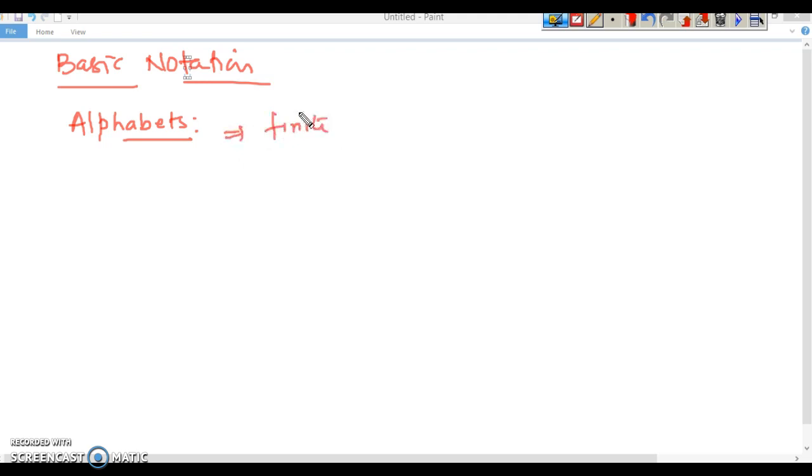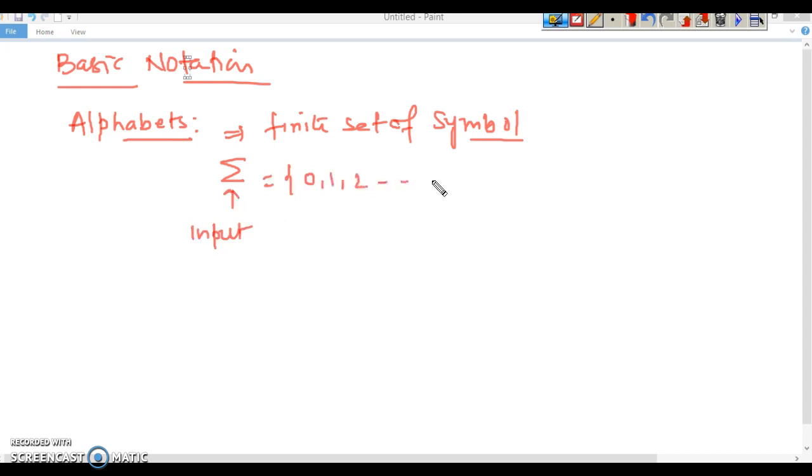Symbols can also be represented in this course as input, and input is represented as sigma. Input may be 0, 1, 2 up to 9, or A, B, C up to small z, or capital A, B, C, anything. This is all your input, also called the alphabet.